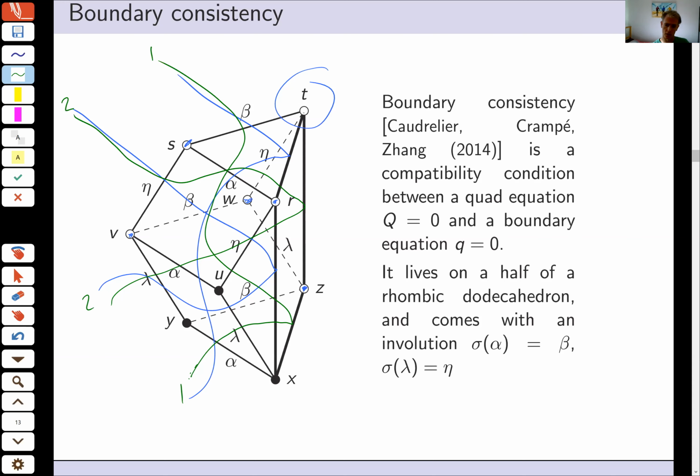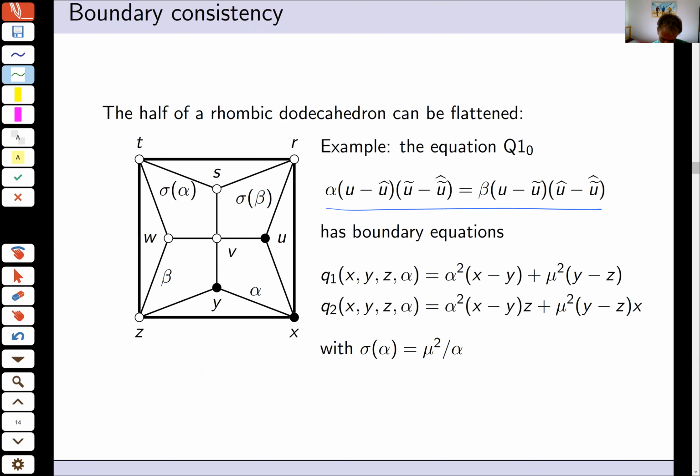Therefore it needs to be an involution, because if we just close the two halves together, then the characteristic lines are loops. So we need that involution there.